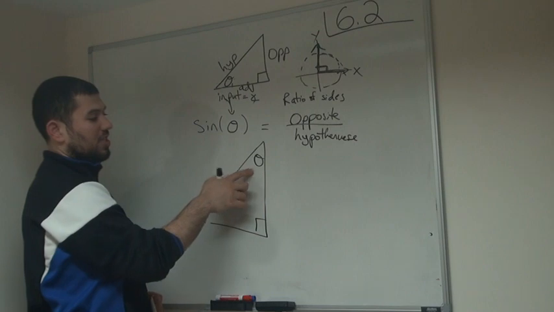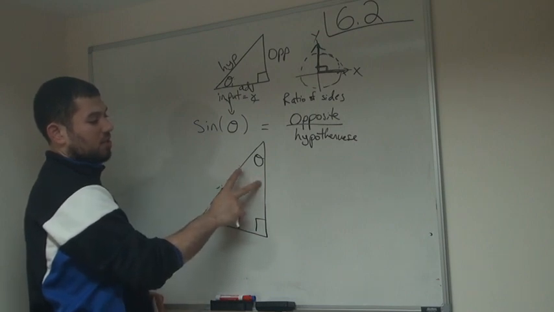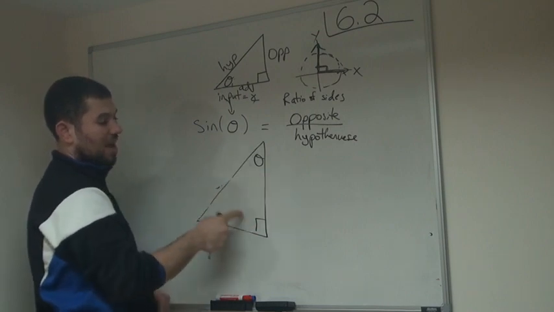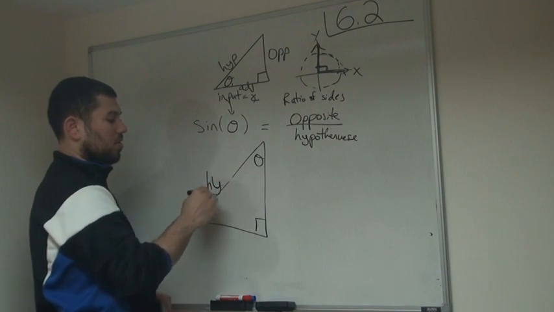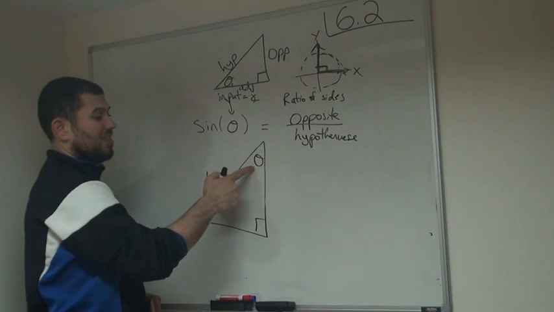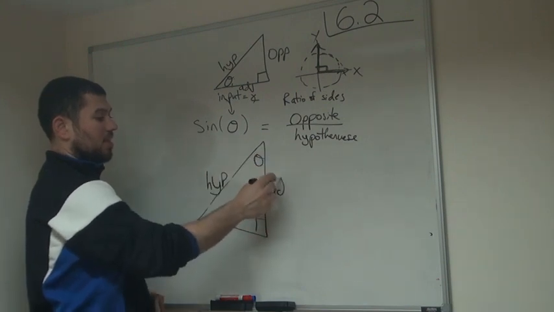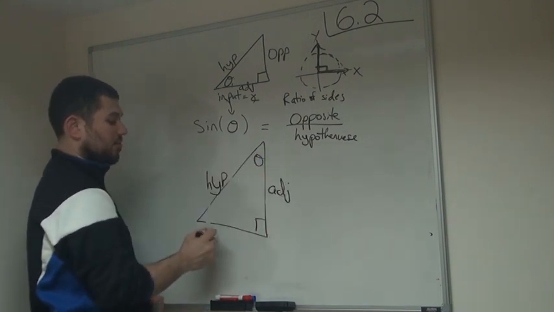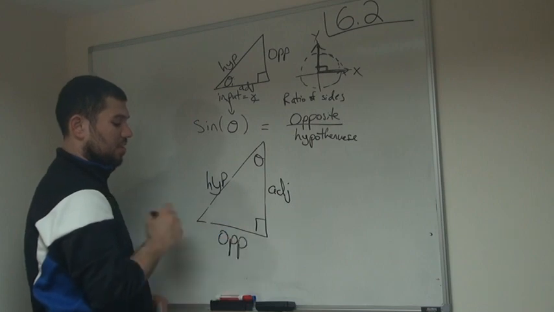Now, adjacent to this theta are these two sides. This side is still the hypotenuse, though, so this wouldn't have changed. This would stay hypotenuse. But now, if this is theta, this becomes the adjacent side, the side next to theta, and this becomes the opposite side.